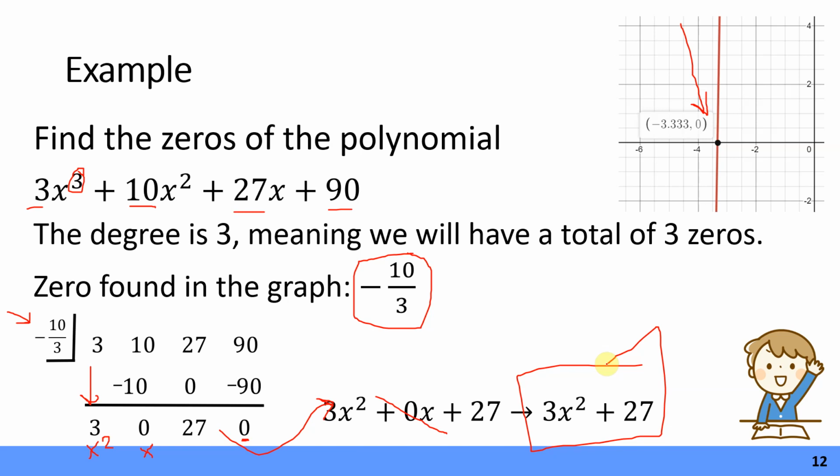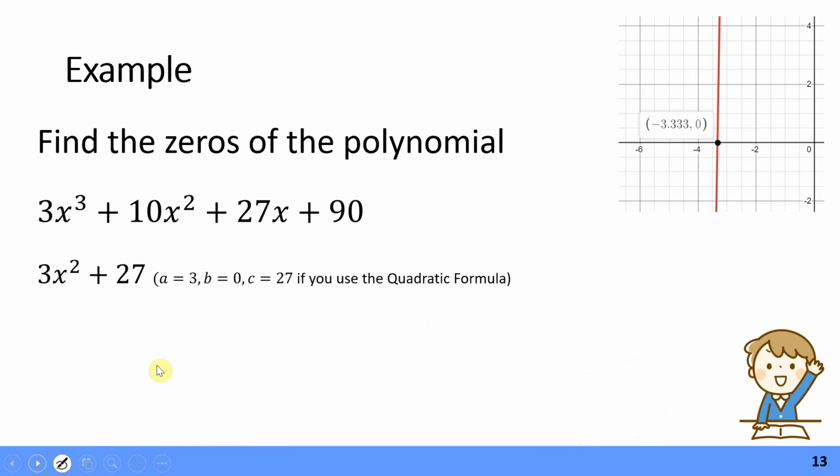Now, the whole point of doing that is that I'm just going to focus on that smaller problem. And if I can solve that problem, I'm going to find the 2 missing answers that I have missing, right? So we're just going to focus on that now because we already have 1 answer. I have to find the other 2 from here. Just like we did on the other one, if you love the quadratic formula, then just use the quadratic formula.